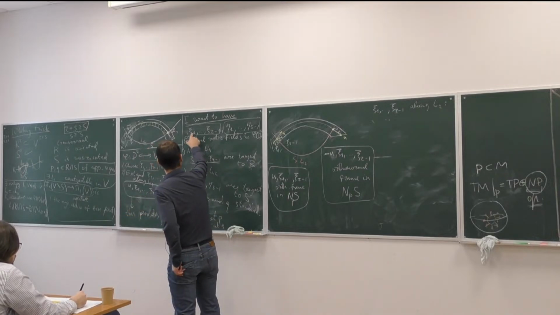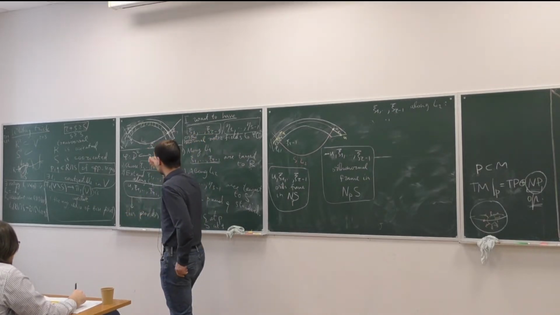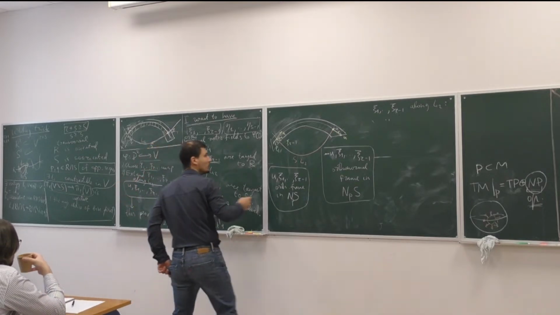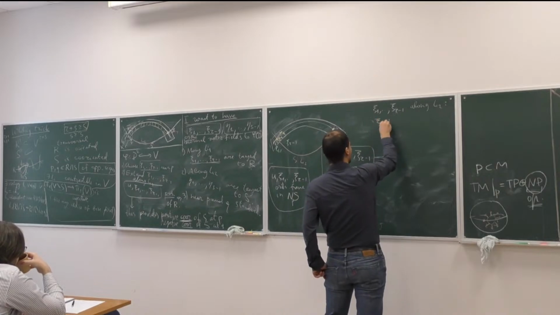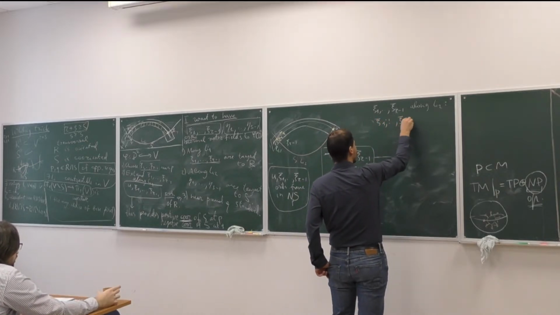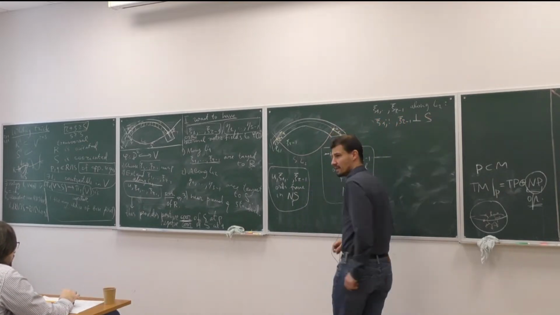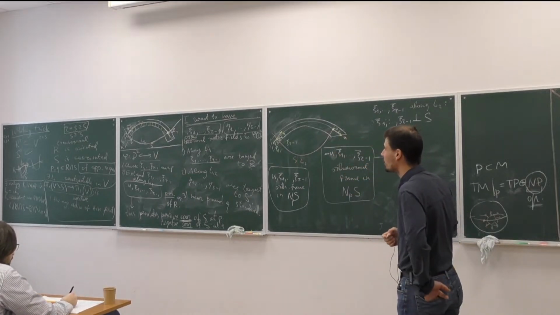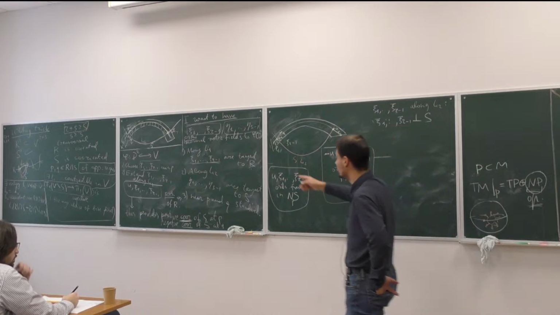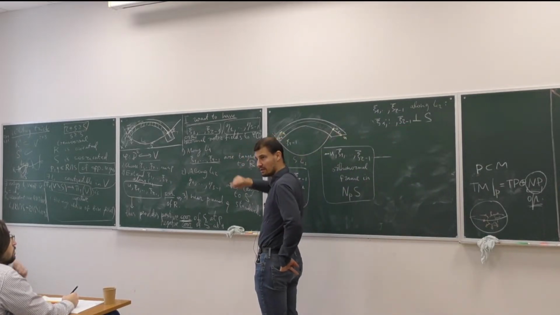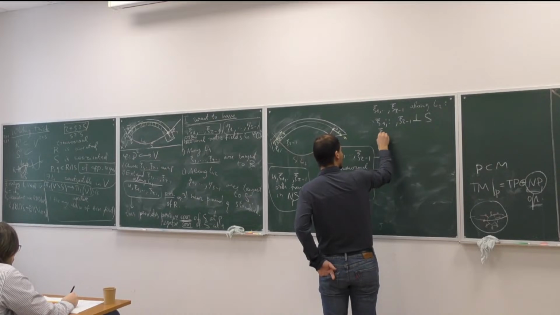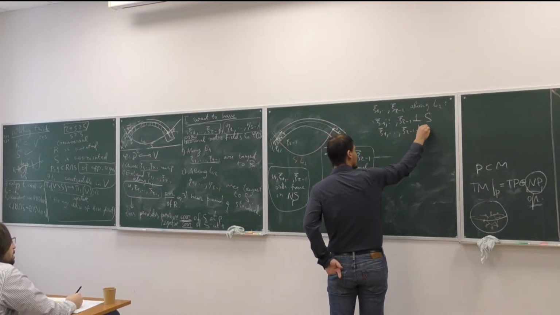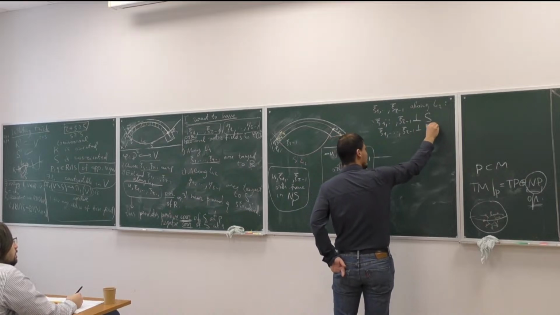I would like that these C1, they should be orthogonal to S, but I also want that they are orthogonal to the disk. I also want that they are orthogonal to phi of T2.